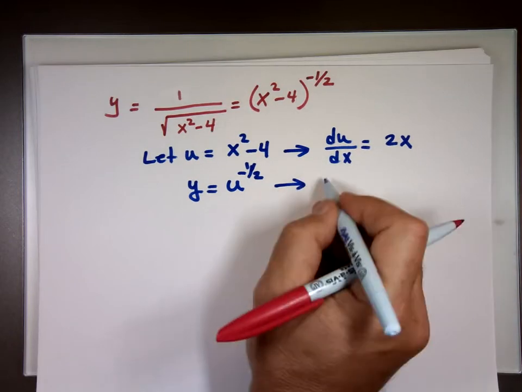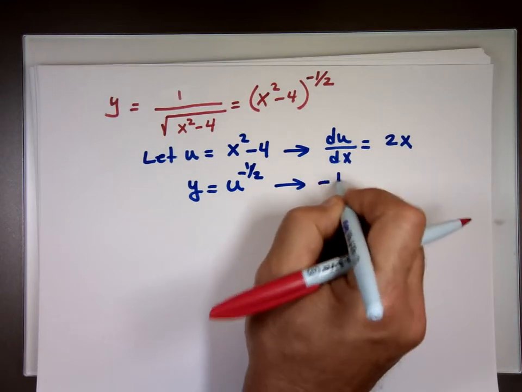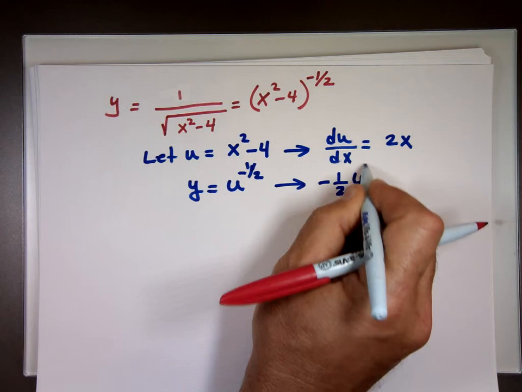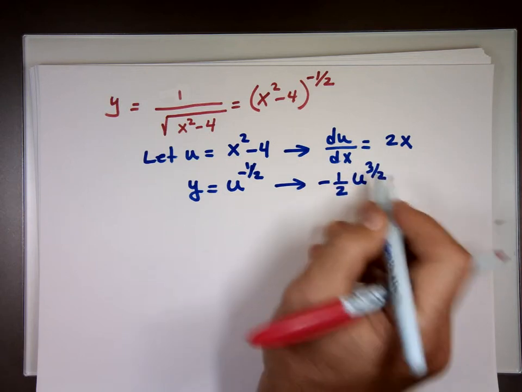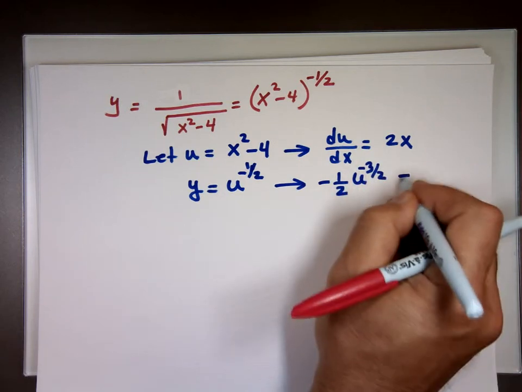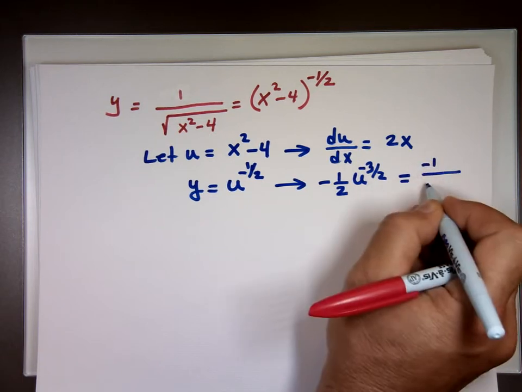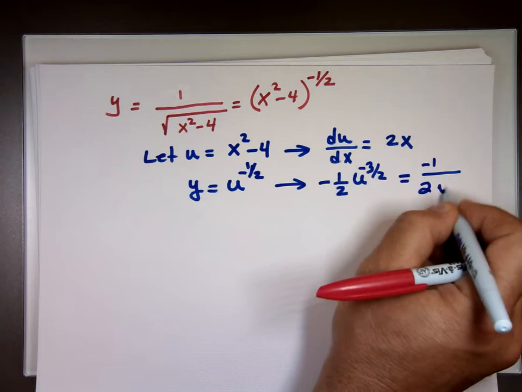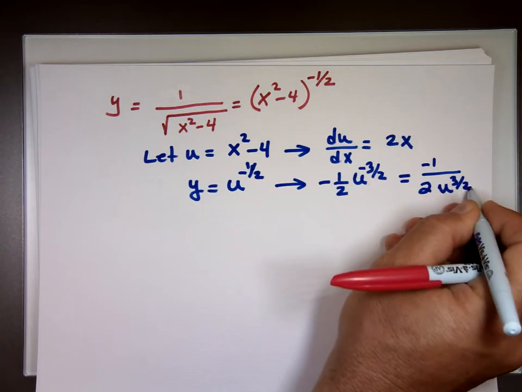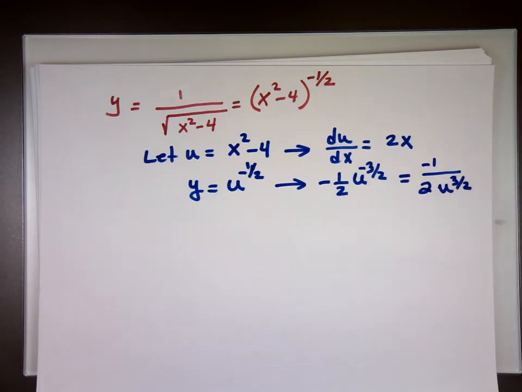The derivative of this is going to be negative 1/2 u to the negative 3/2. And if you want to clean it, that's negative 1 over 2 u to the 3/2. It doesn't really matter which format you use. Maybe for now I will leave it like this.